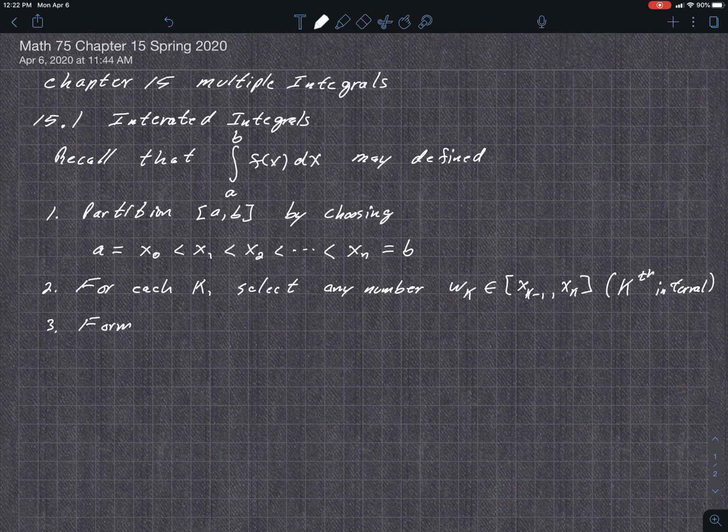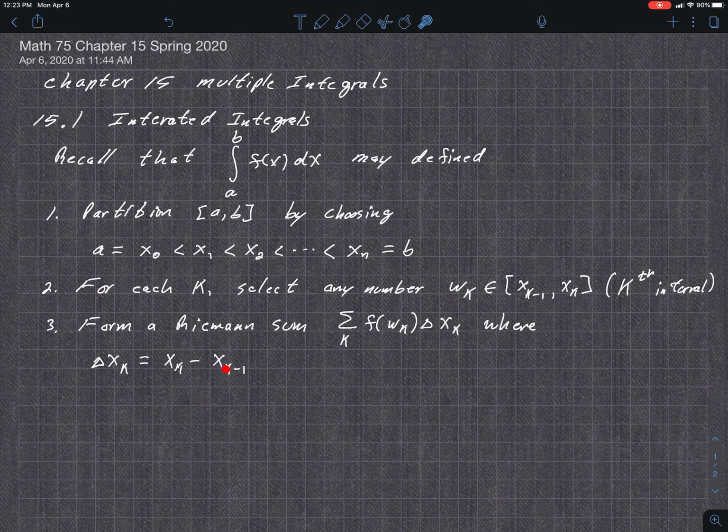And then three, we form a Riemann sum, and it would be the sum over all the k's of f of w sub k delta x sub k, where delta x sub k is equal to the difference x sub k minus x sub k minus 1, because it's successive one after the other.